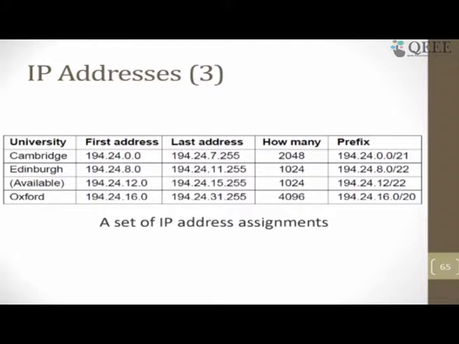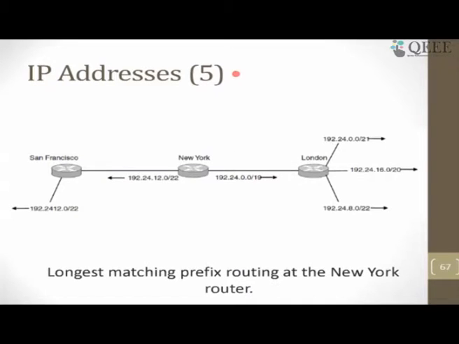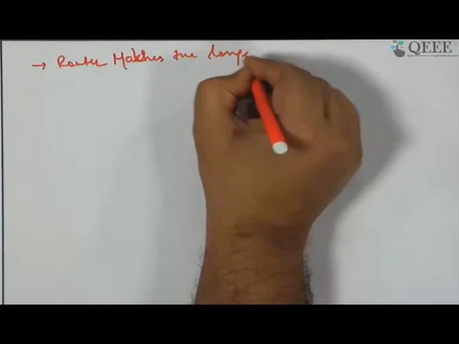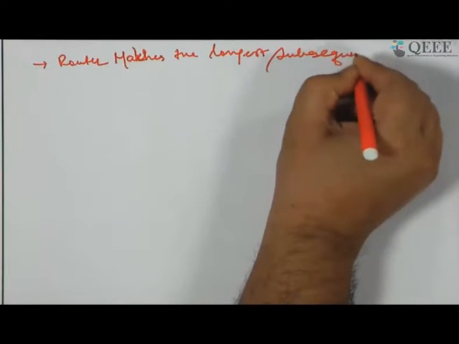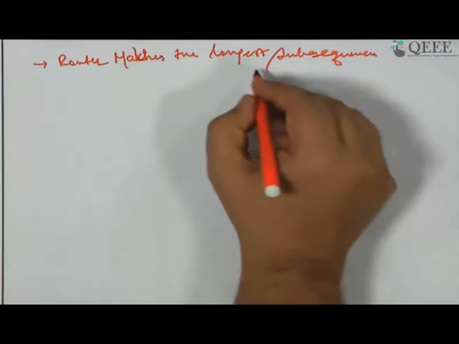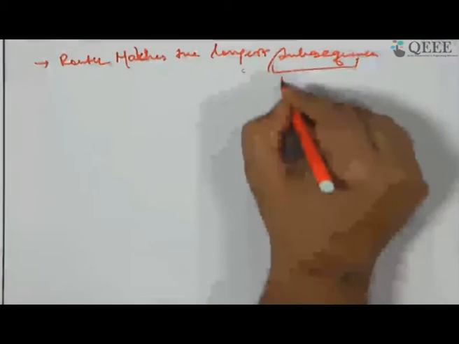Okay. So this is about the IP addressing scheme, and then how does the router match? The router matches the longest prefix.